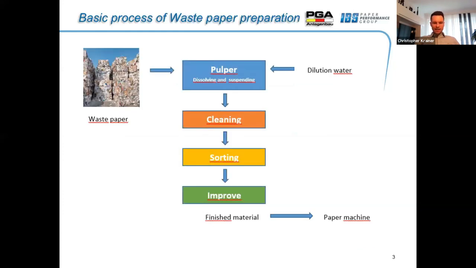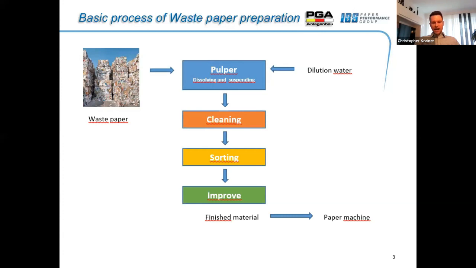Okay, let us start with the basic process of waste paper preparation. Waste paper is collected in numerous quality grades and used for many types of paper, for example, packaging paper and tissue. Waste paper is dissolved and suspended together with water in a pulper, whose mode of operation is similar to a kitchen mixer. The dissolved stock suspension is then cleaned by means of a cleaner, here the orange part.